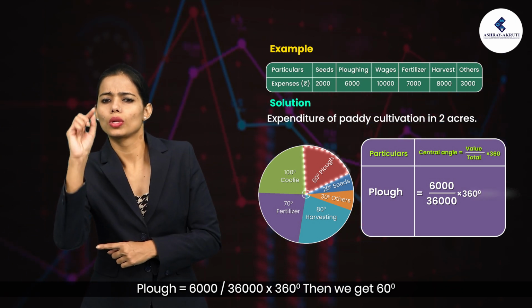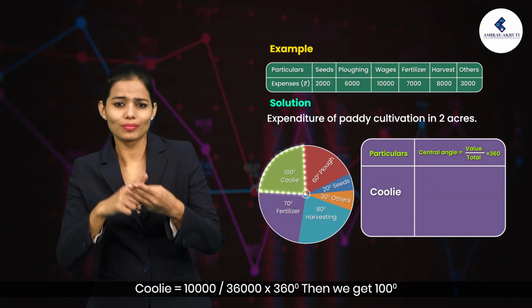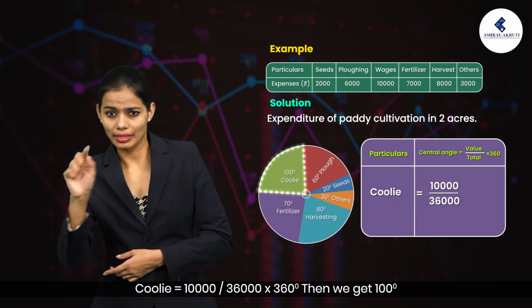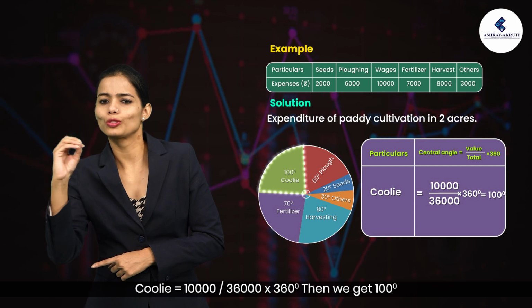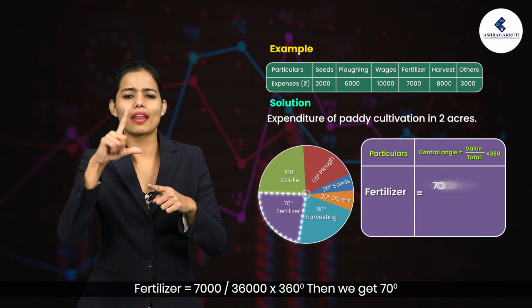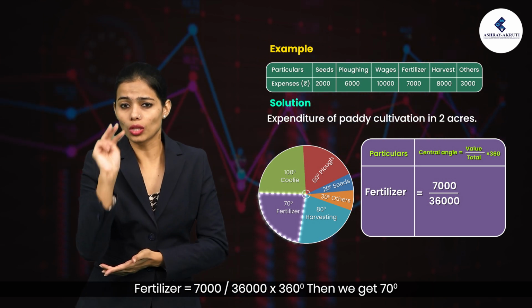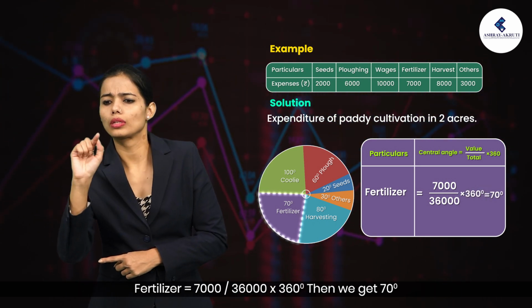Then we get 60 degrees. Coolie is equal to 10,000 by 36,000 into 360 degrees. Then we get 100 degrees. Fertilizer is equal to 7,000 by 36,000 into 360 degrees. Then we get 70 degrees.